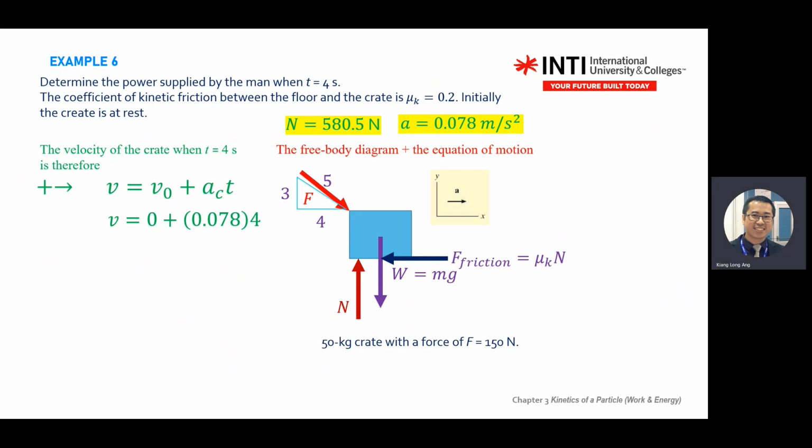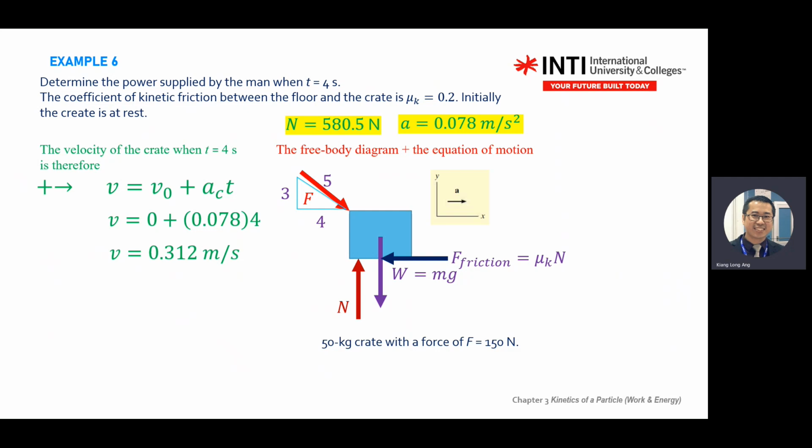Why? Because power also equals force multiplied by velocity vector. Okay, power has two definitions. One is the change of your work, or it is the vector F multiplied by vector V, F·V. So we have two. So that's why we get V vector equal to 0.12 meter per second.